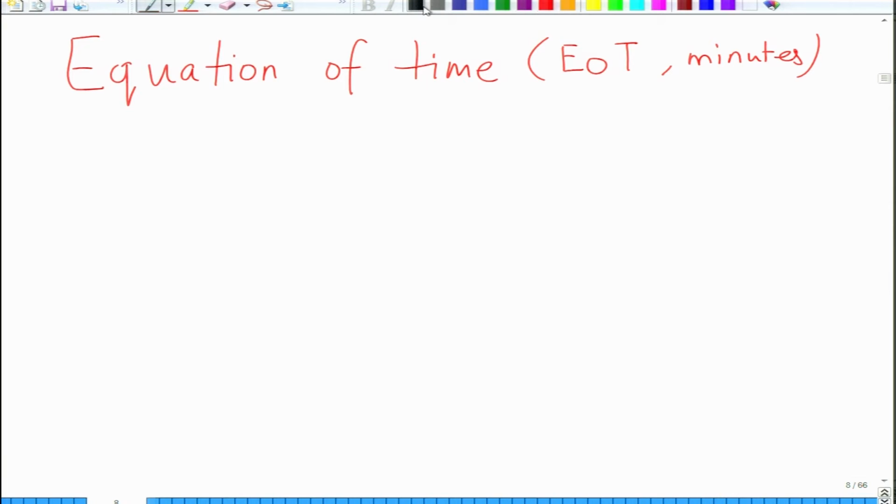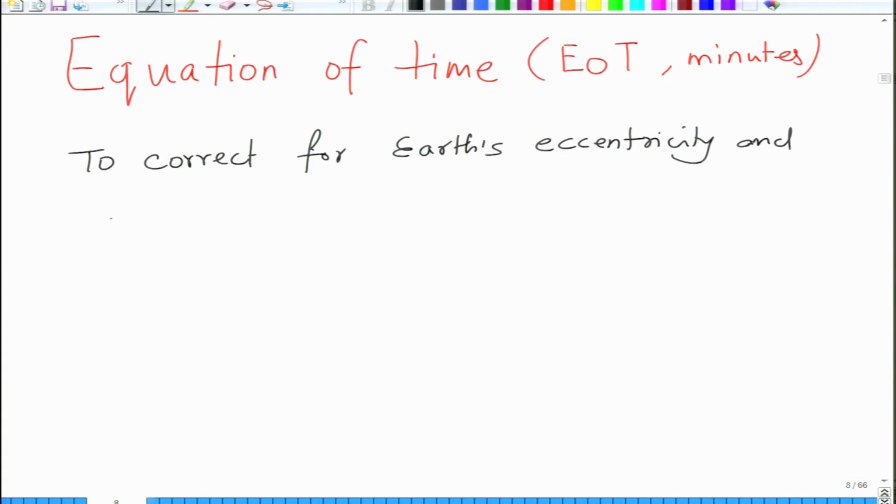It's an empirical equation to correct for the eccentricity of Earth's orbit and the axial tilt of the Earth.